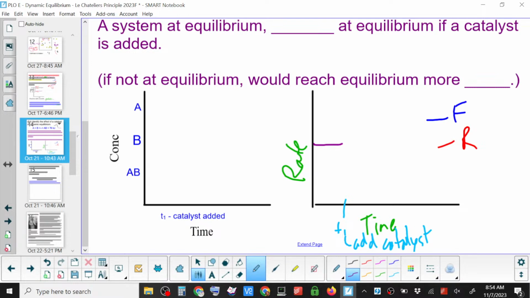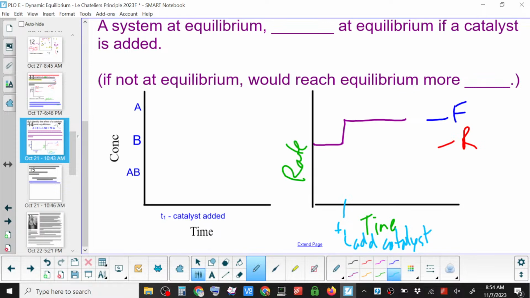At the catalyst time, what happens to both rates? They both go up. And if they're both still equal, then what do they do? It just goes back and stays the same. What would happen to the concentration in that case? It would just stay the same.